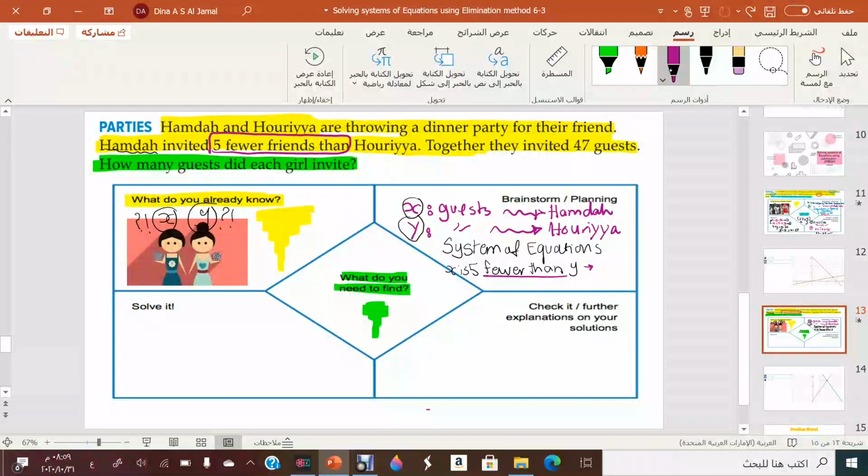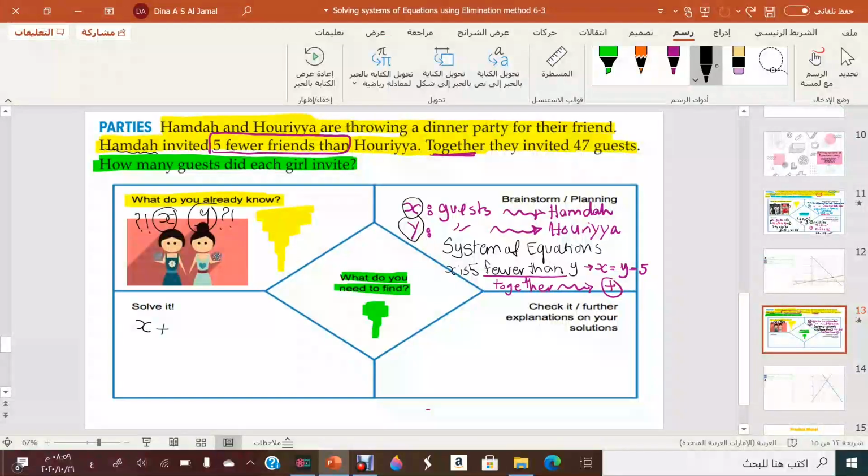So directly you know that you have to flip. So x will be y minus 5, and pay attention to this. Now the word together means total, means sum. That means it is a total of 47.